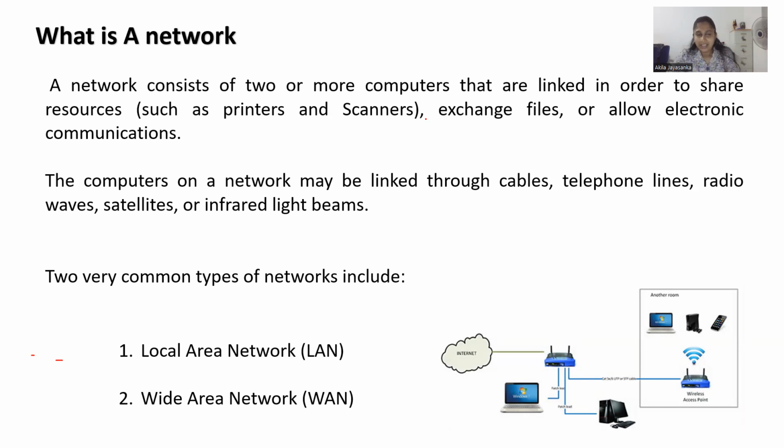So a network consists of two or more computers. If two or more computers are linked with each other in order to share resources, exchange files, or allow electronic communication, this is called a network. The computers on a network may be linked through cables, telephone lines, radio waves, satellites, or infrared light beams.